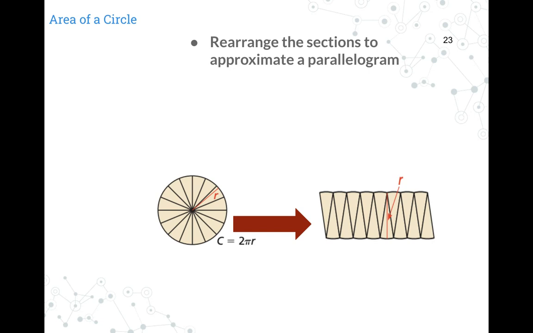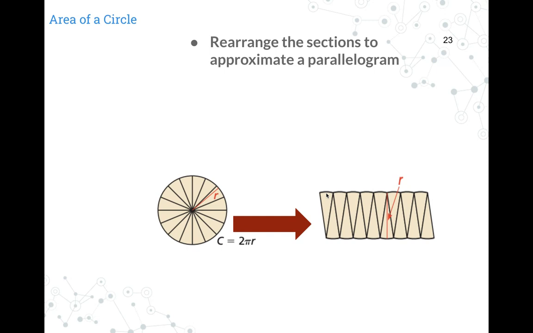Now what happens if you slice this into many, many more, making the slices super small? Then the area approximates a parallelogram really closely, because as the slices get smaller they become less round, almost flatter.